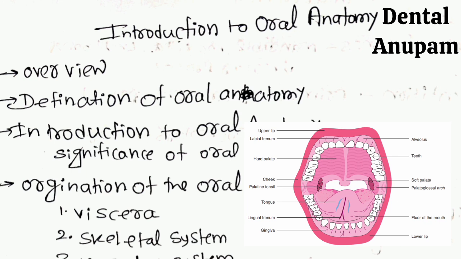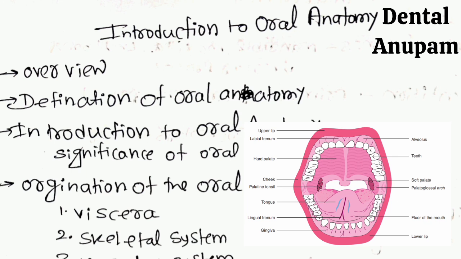The oral cavity has a direct structural as well as direct and indirect functional relationship with the surrounding structures, including the brain.